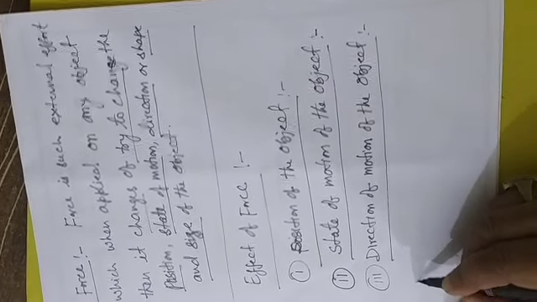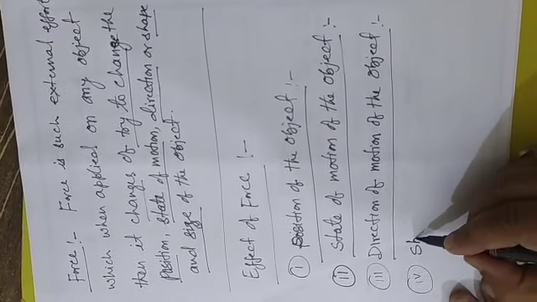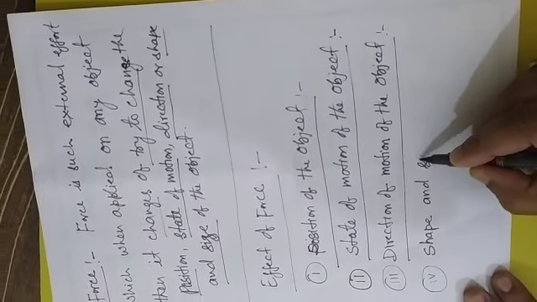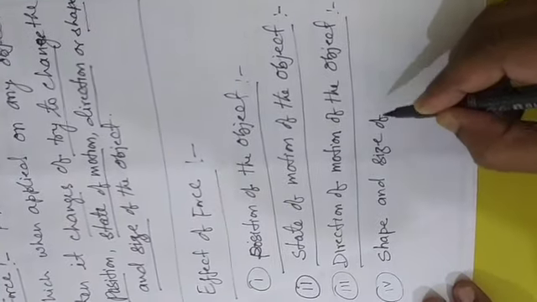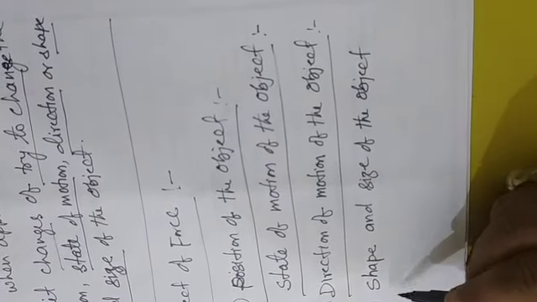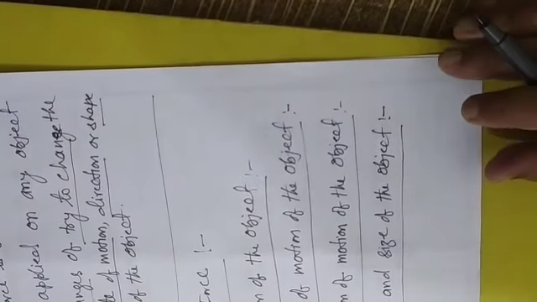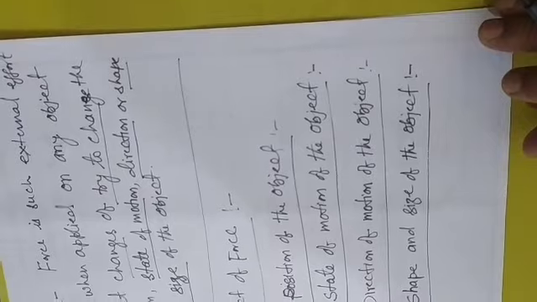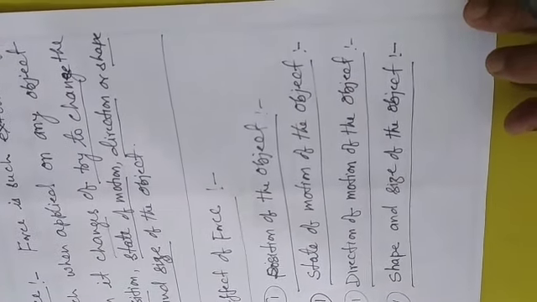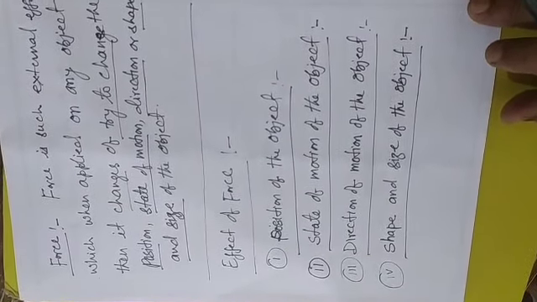Now, the fourth one, shape and size of the object. By the application of force, you can change the shape of the object or size of the object, or try to change the shape or size of the object.